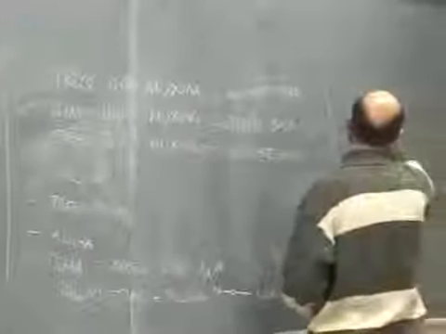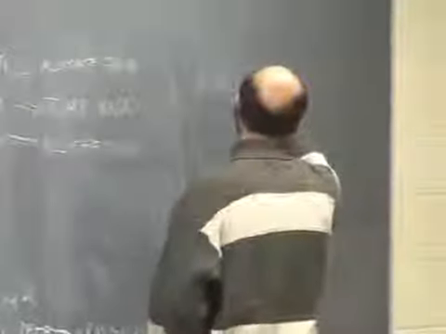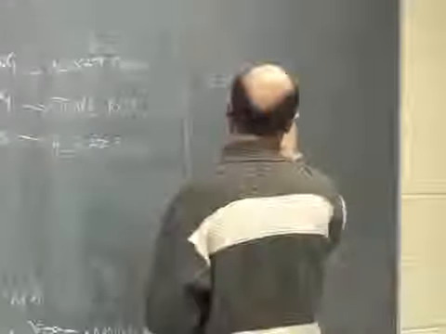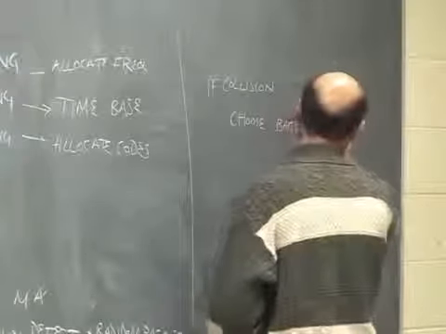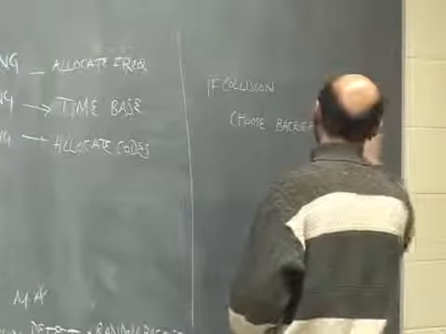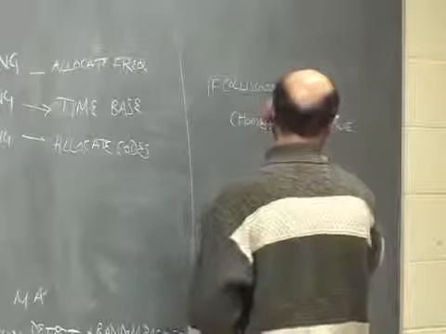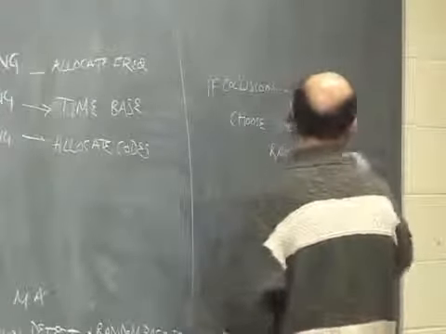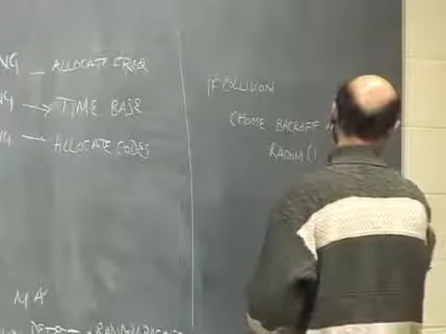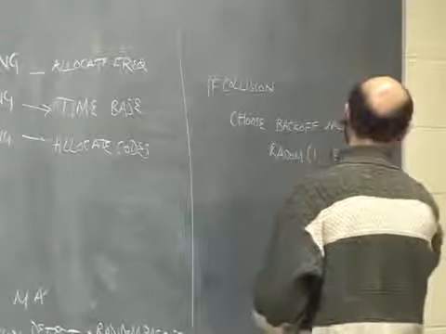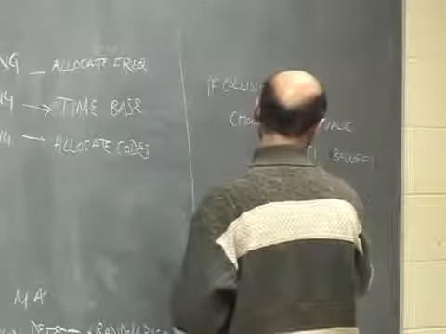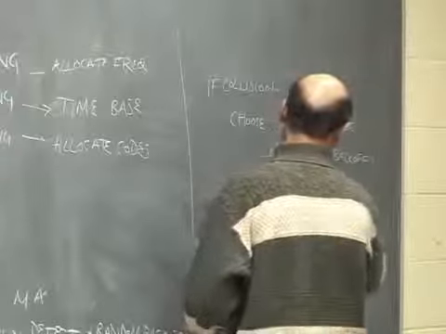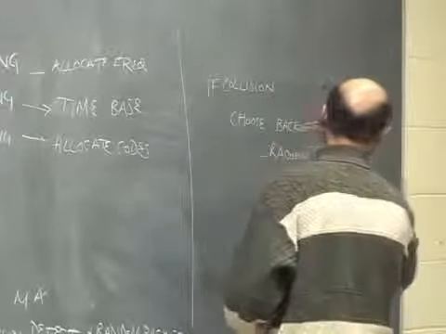It's like this. If there's a collision, we choose what's called the back off value randomly in the range 1 to some max. And then we set back off equals twice back off.